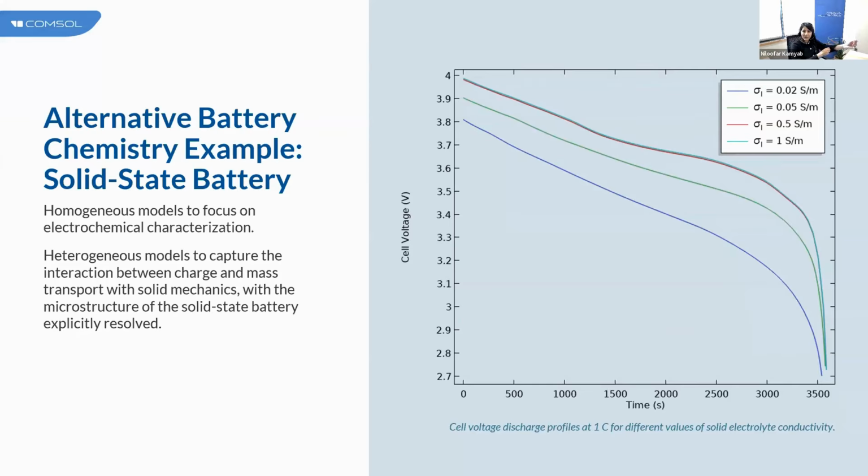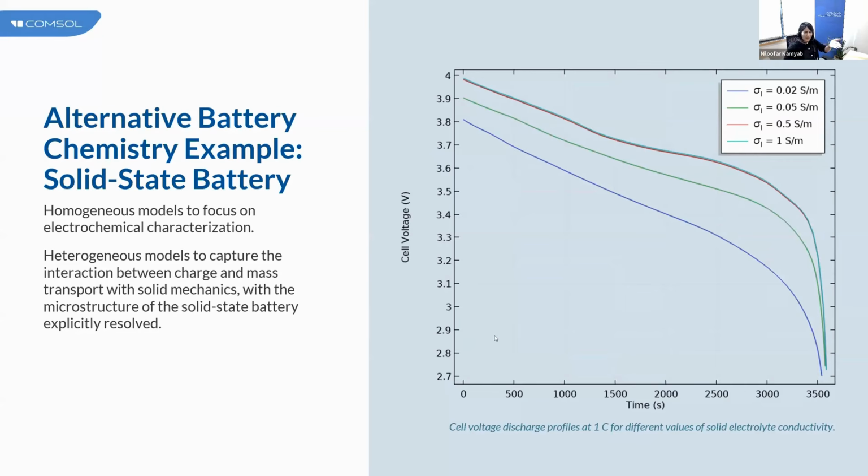What we are looking at are results from solid state batteries concerned with the connectivity of the electrolyte. That's one of the aspects that people working on solid state batteries are actively trying to resolve, to see how they can come up with electrolytes with higher connectivities. And you see the effect of connectivity on the voltage curve, how the cell performance exhibits in the cell voltage as you improve the connectivity.